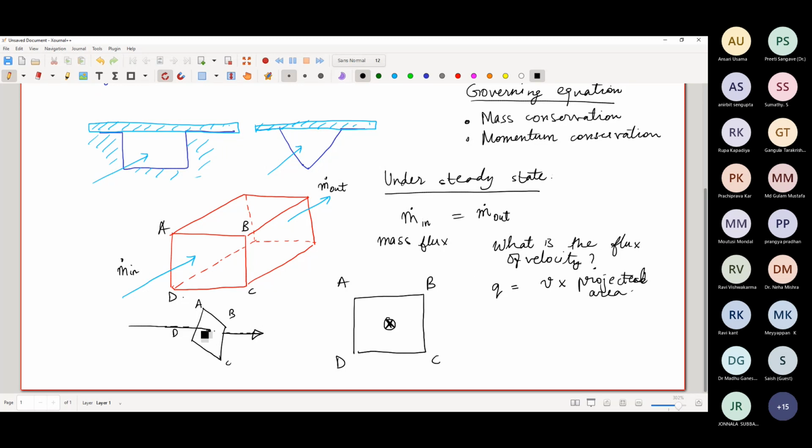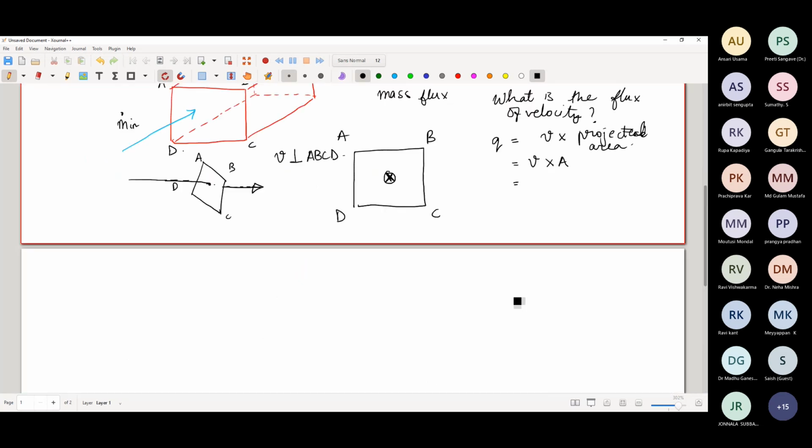If the area is orthogonal to the velocity, so over here in this particular case, the velocity is orthogonal to the area shape, to ABCD, then it will be simply velocity times the area of the entire object. And this is simply the formula for the flux.